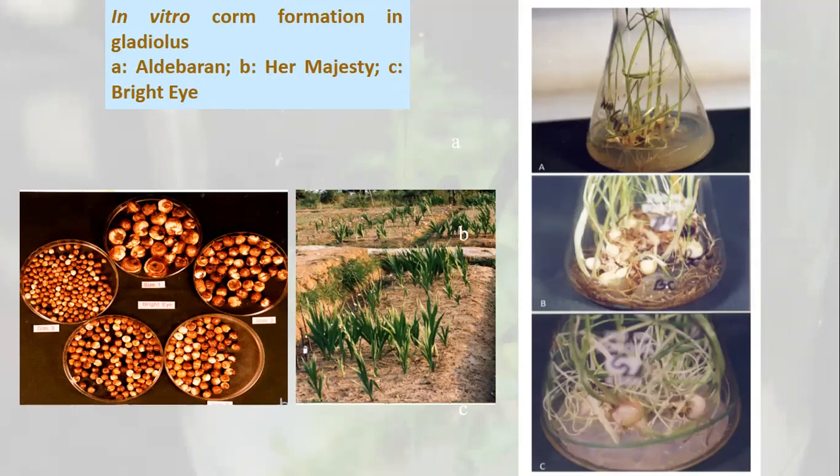And these corms and bulbs can then be planted in the field with good success. If a normal conventional propagule is giving you 90% germination, they will give you 85% germination, sometimes maybe also 90, or sometimes even more. So that is the advantage of this particular process of producing bulbs.